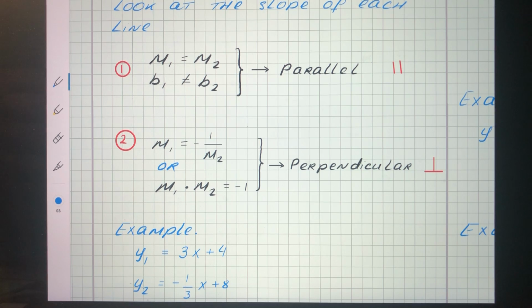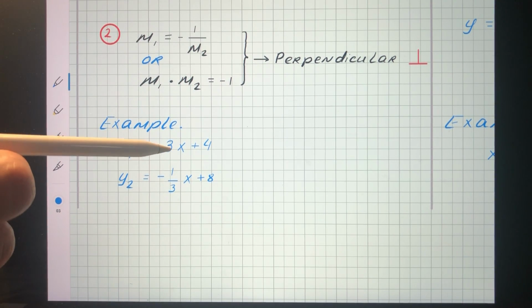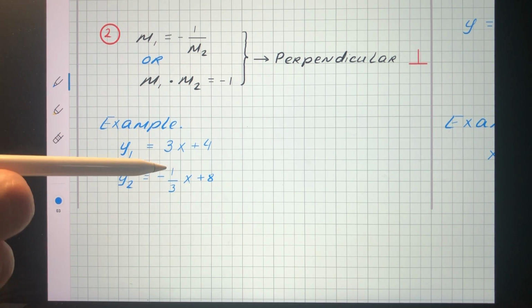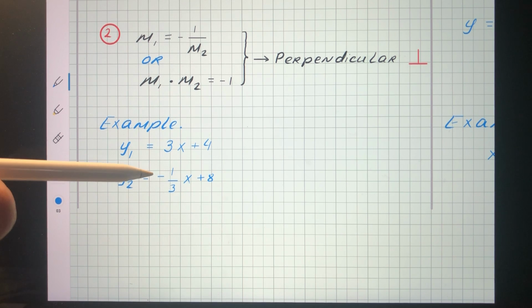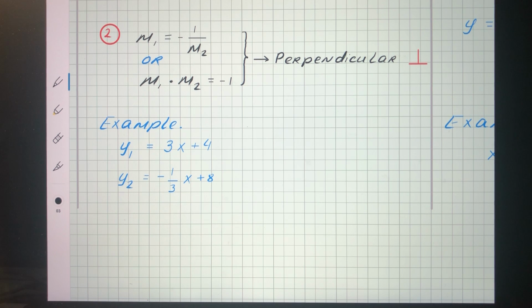The first example, we have two lines and the slope of the first line is 3. The slope of the second line is -1/3. So if we were to multiply 3, the slope of the first, this is m1, by the slope for the second, this is m2, 3 times -1/3, we would get -3/3, which is -1.